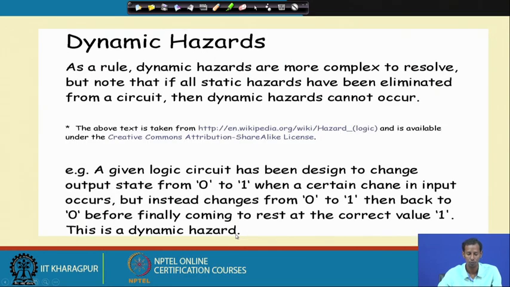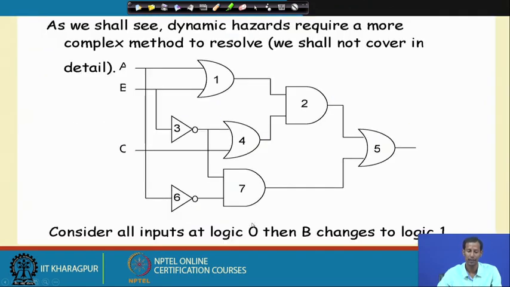So, if we take the example of dynamic hazard, suppose there are several paths which are going from input to the output. As we shall see, dynamic hazard requires a more complex method to resolve.